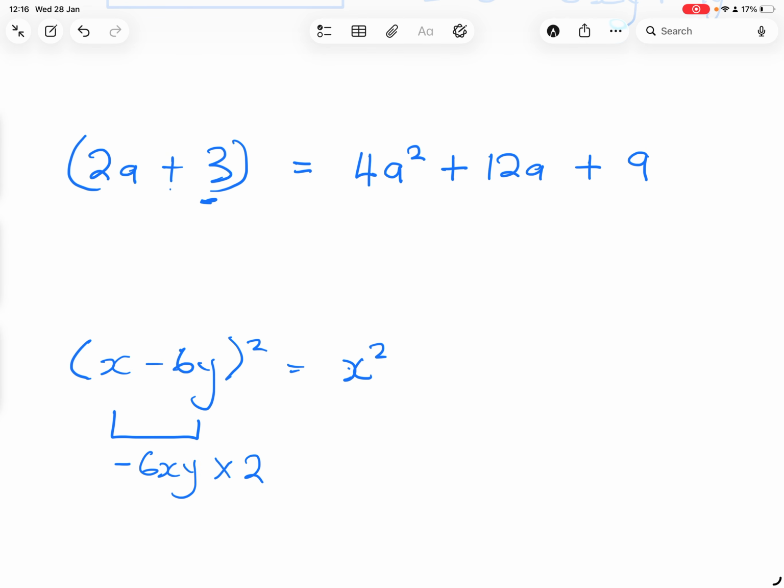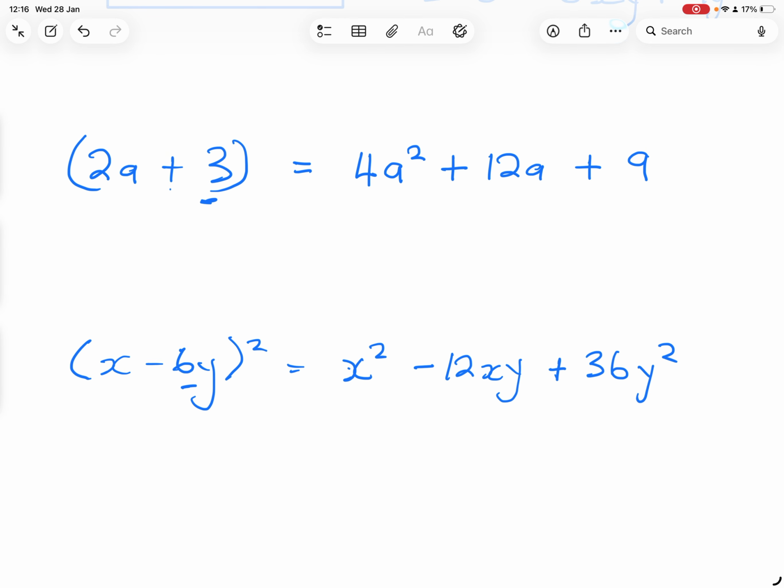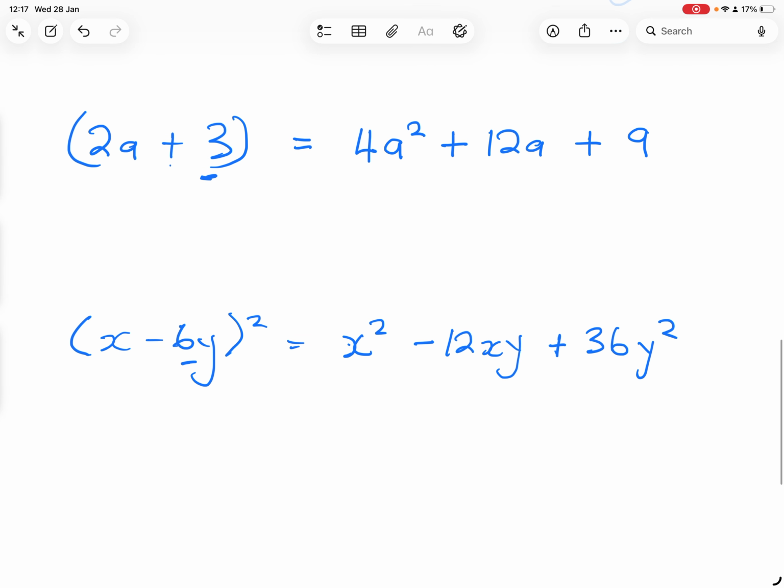But we multiply that by 2. That will give us minus 12xy. And in this case, we're going to take the square of the last one. Negative 6 squared gives us positive 36. And that will be y squared. And ladies and gents, that is how the cookie crumbles.